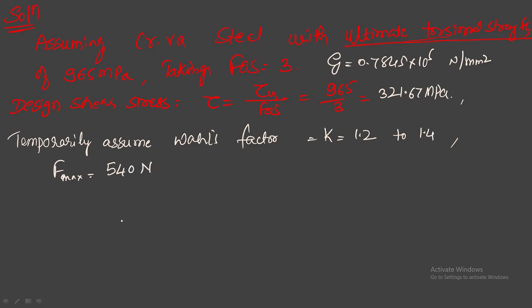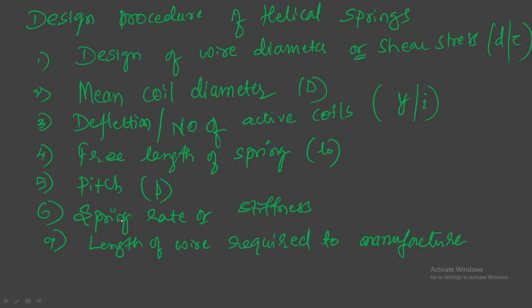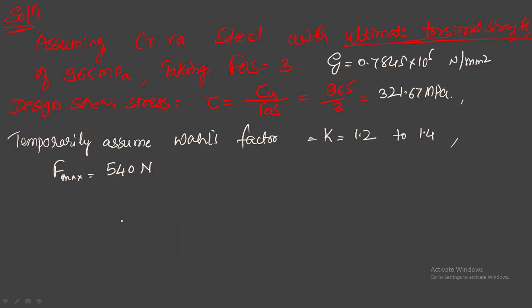Now, based on the design procedure, what is the first step? The first step is design of wire diameter. So we'll go for design of wire diameter. Now, refer to the design data handbook.